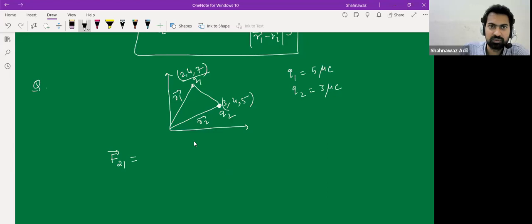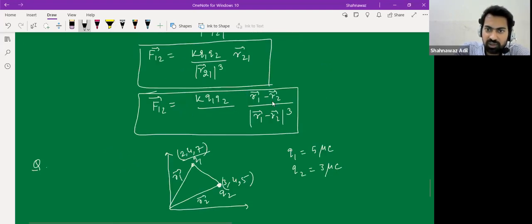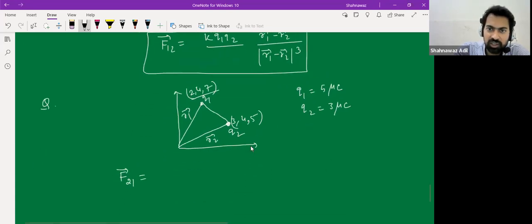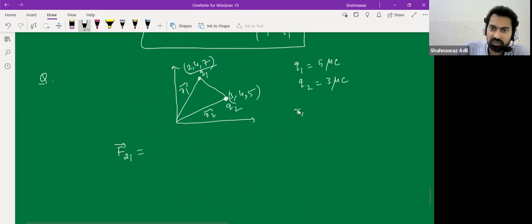Understood? Okay. So first check this formula. We need to calculate R1, R2. So what would be R1 here? Just look at the position of 2.